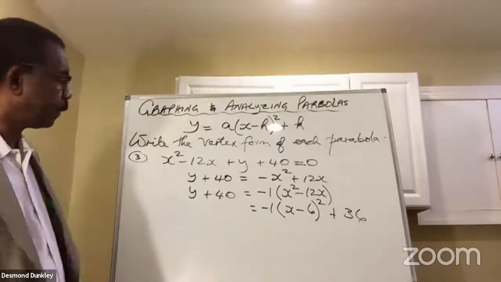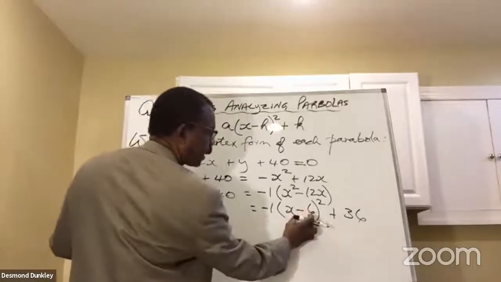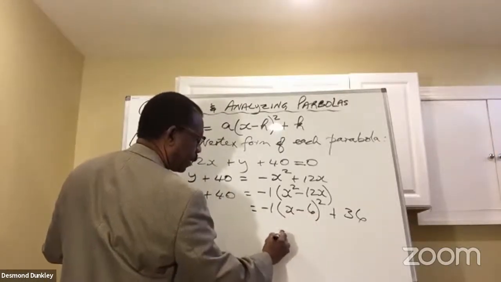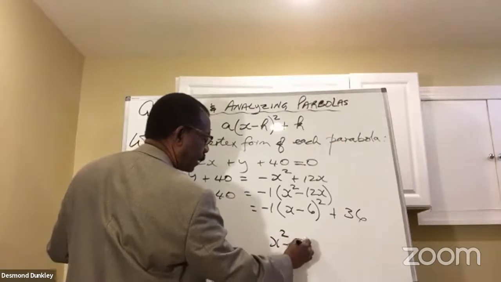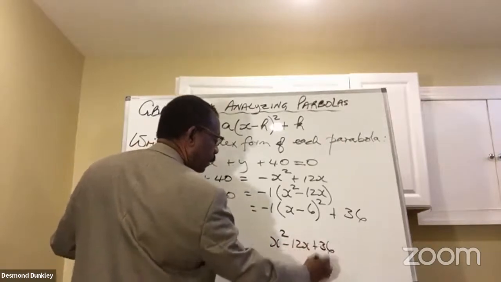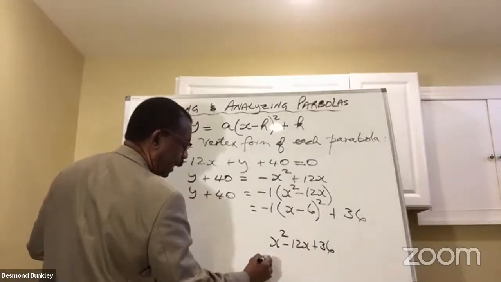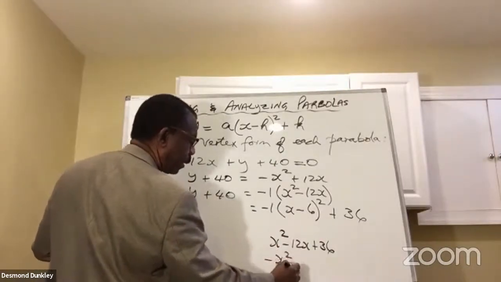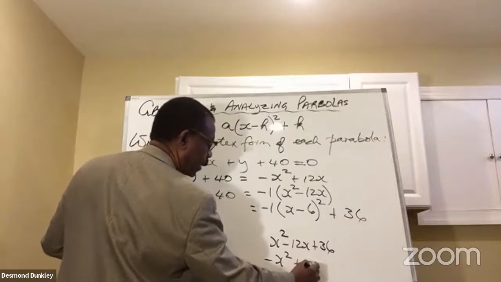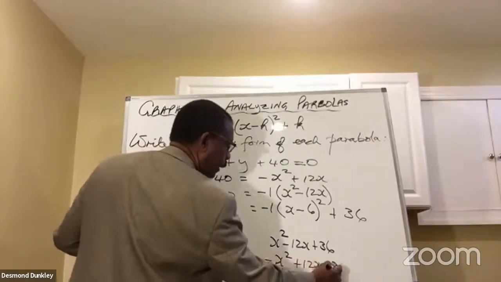Let's check. When I square this, I get x squared minus 12x plus 36. When I multiply by negative 1, I get negative x squared plus 12x minus 36.